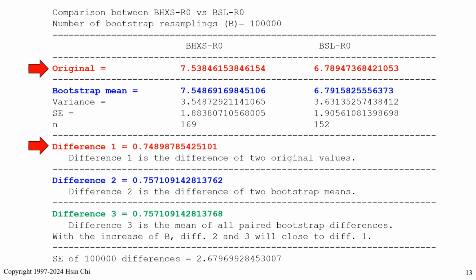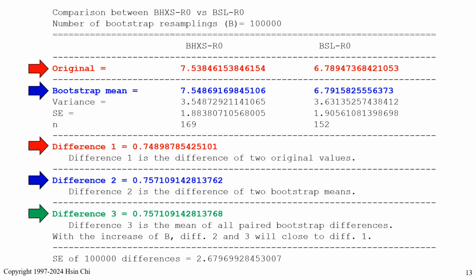The red difference 1 is the difference of these two original values. The difference is 0.74899. The blue bootstrap means are the means of 100,000 bootstrap results. They are 7.54869 for BHXSR0 and 6.79158 for BSLR0. The blue difference 2, 0.75710, is the difference of the two bootstrap means.